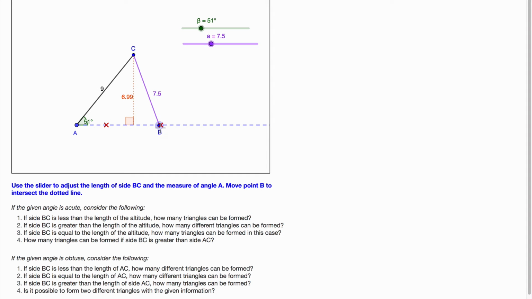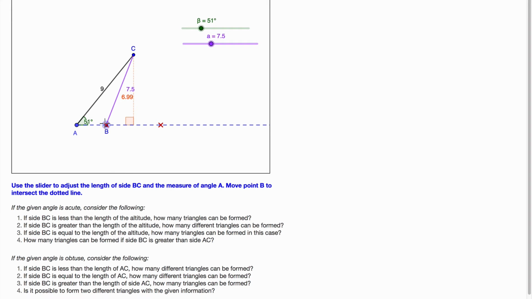However, this is not the only point where they can intersect, and this is why it's called the ambiguous case. It could either be a triangle that forms here, with sides 9, 7.5, and an angle of 51 here, or this could continue and swing past this point and intersect this same side again, giving us a second triangle with the same measurements: the opposite side 7.5, the adjacent side of 9, and this angle measure of 51 right there.